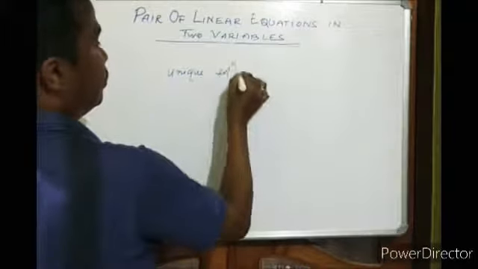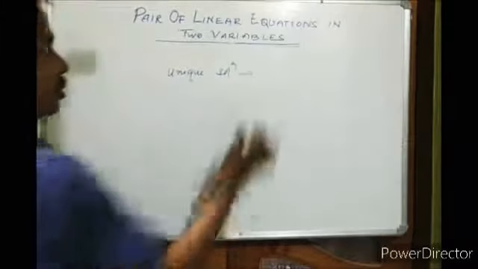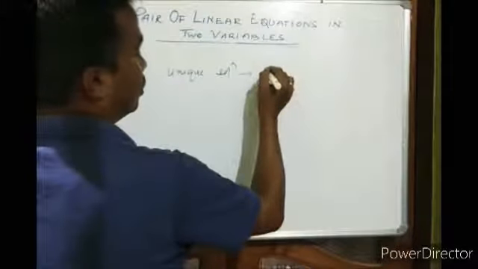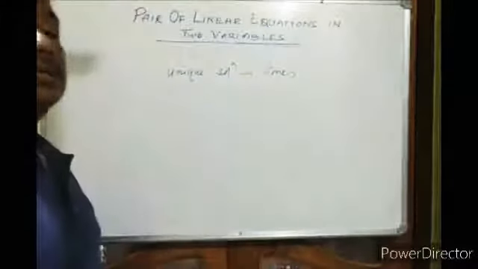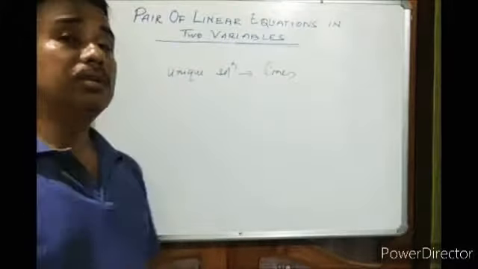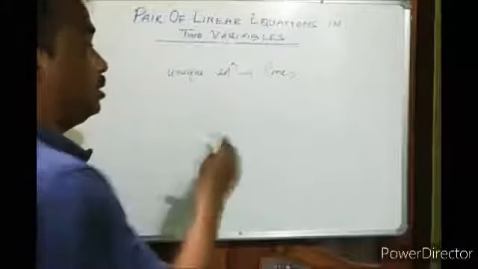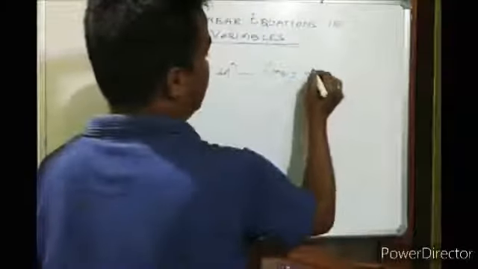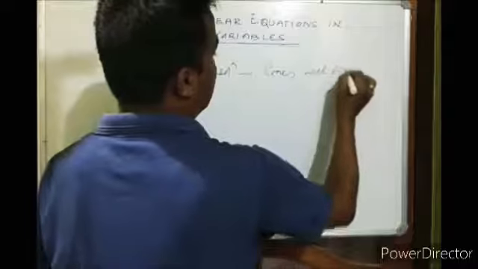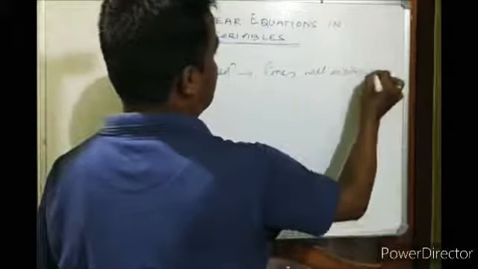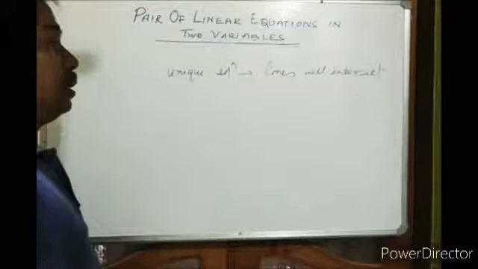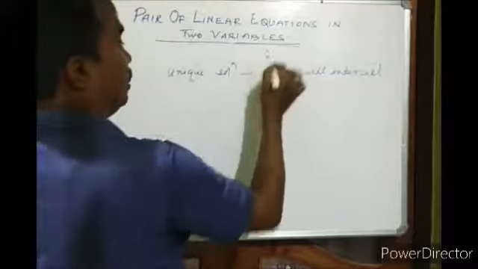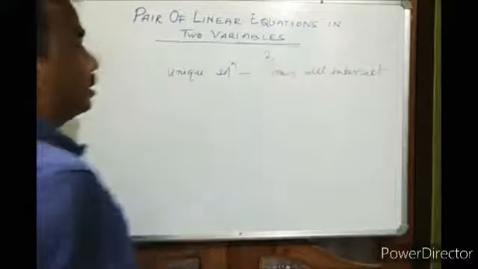In case of a unique solution, the pair of linear equations will give two lines, and the lines will intersect. Unique solution means the two lines will intersect.